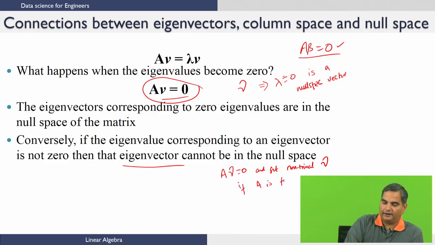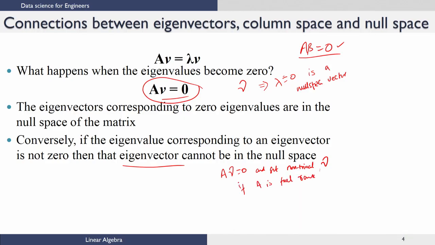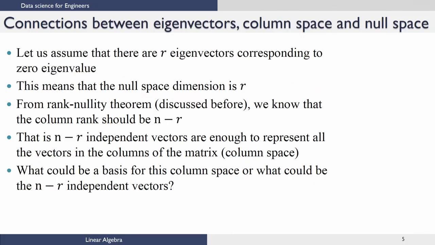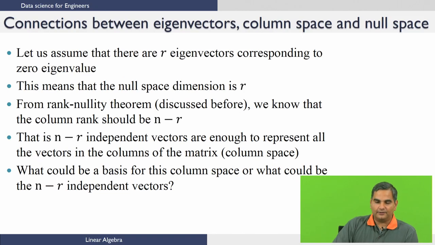So, whenever lambdas are such that there is no eigenvalue that is 0, that means A is a full rank matrix. That means there is no eigenvector such that A nu is 0, which basically means that there are no vectors in the null space. Now, let us see the connection between eigenvectors and column space.